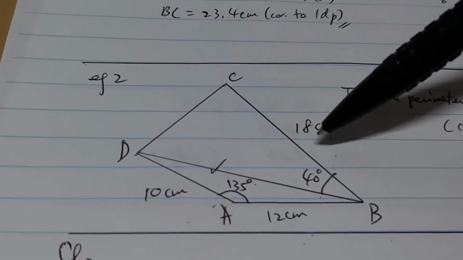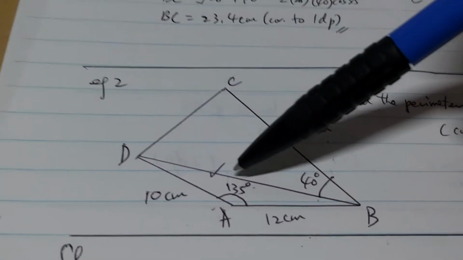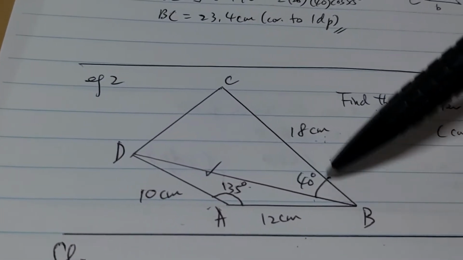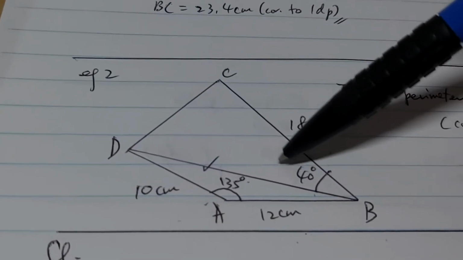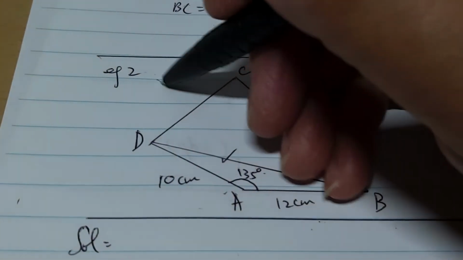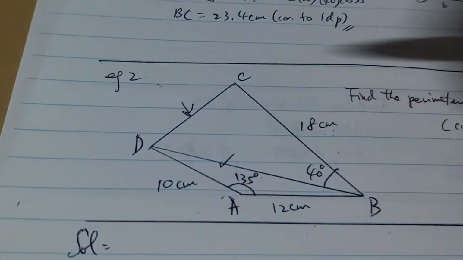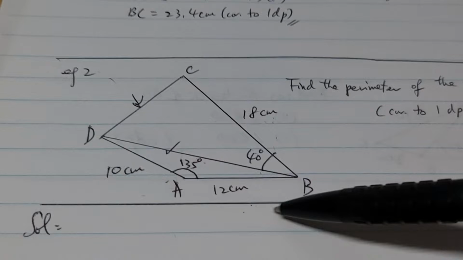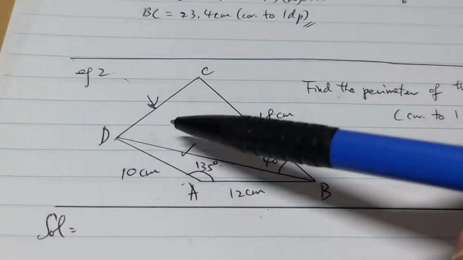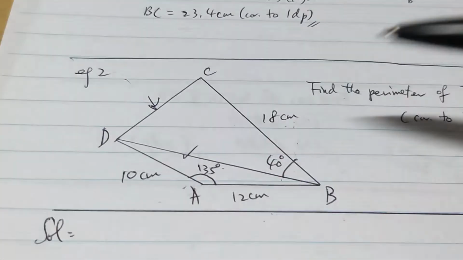Again, this is SAS, so we can again use cosine formula to find the opposite side. That means we can find all the sides of this quadrilateral, and then we can find the perimeter.